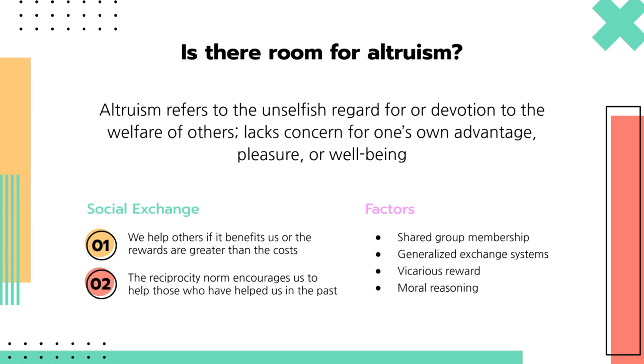So, in studies simulating the prisoner's dilemma, players cooperate more with in-group members than with out-group members. And there are two explanations of why shared group membership promotes cooperation in social dilemmas, which is something we'll cover next week. Shared group membership reduces greed, but not fear, and thus should promote altruistic behavior toward in-group members in the absence of fear.